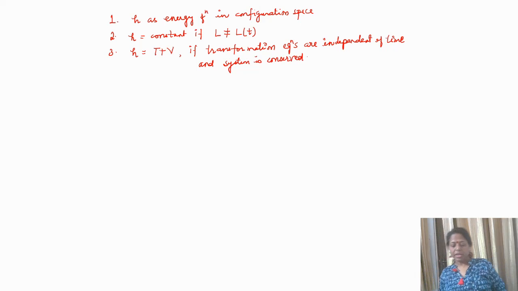So you see the existence of H requires no condition, no restriction. H is constant, H is conserved when Lagrangian is explicitly independent of time. Here H is the total energy function. So H to be the total energy function does not mean that H is conserved. Your system is conserved, but still H represents total energy is not necessary.